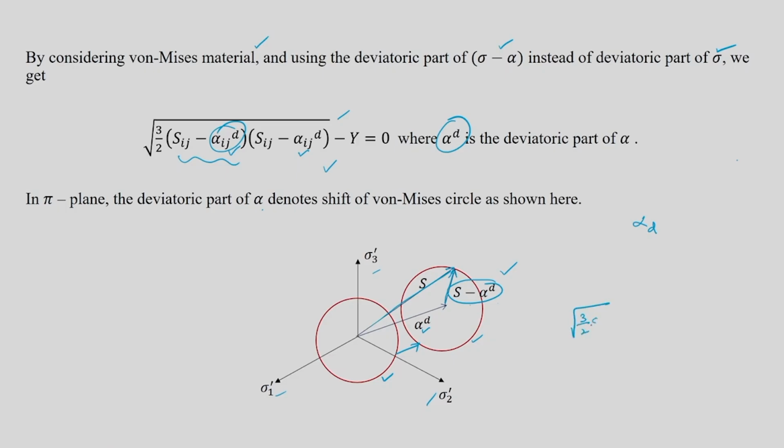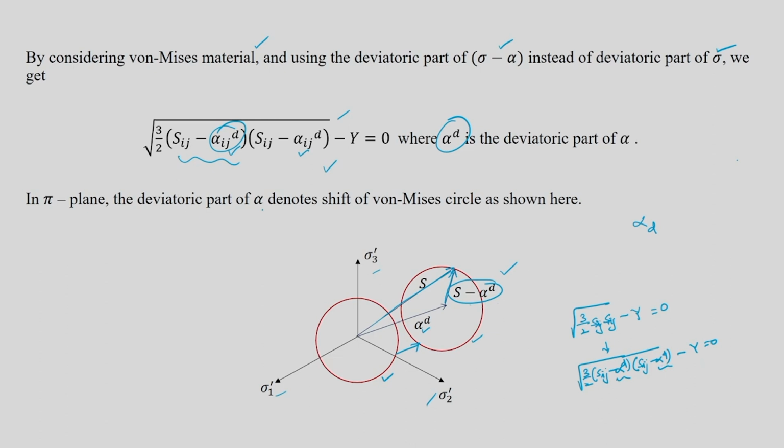Square root of 3 by 2 Sij minus y equal to 0, the conventional von Mises yield function, is going to be modified as square root of 3 by 2 into Sij minus alpha d into Sij minus alpha d, minus y equal to 0. So this part is the deviatoric part of the backstress.